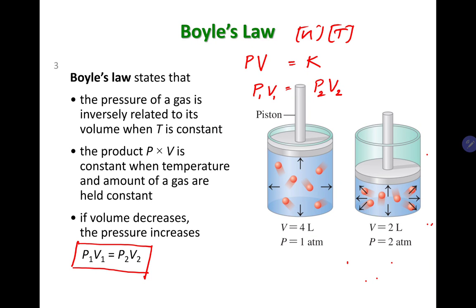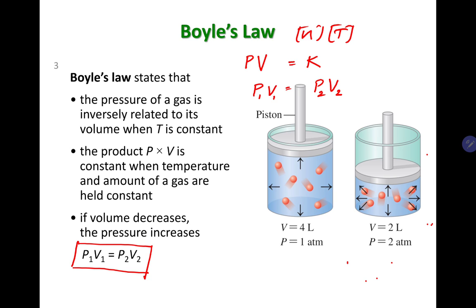So if you consider a sample of gas in two situations where you keep the temperature and amount constant, and you change the pressure, it will decrease or increase the volume. But if you multiply the pressure and volume, that is going to be equal to the new pressure and volume of the system.